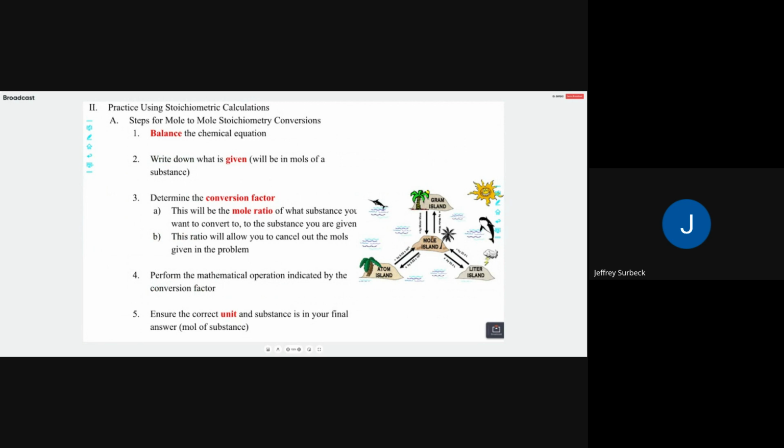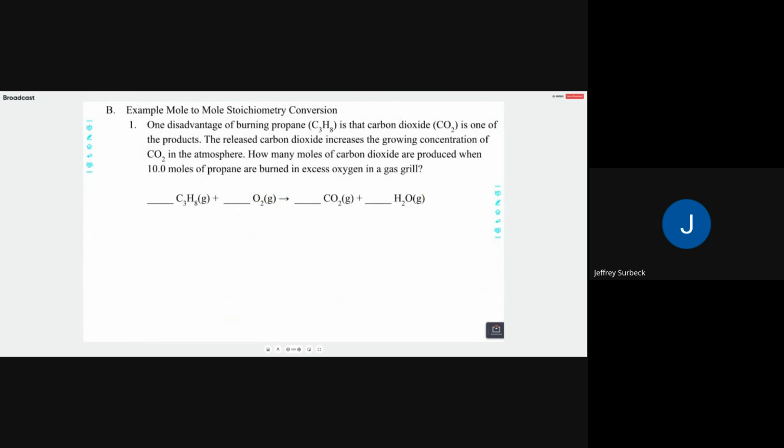You have to convert to that middleman moles or else you can't make this work. You can only convert from one substance to another by going from moles of that original substance to moles of the substance that you desire. Questions? Does anybody need this?